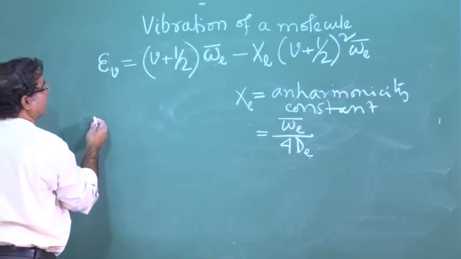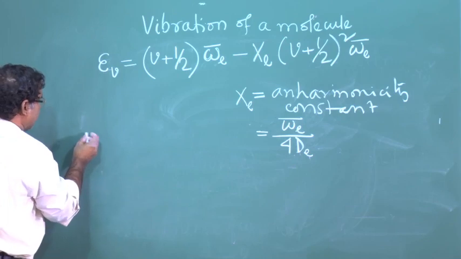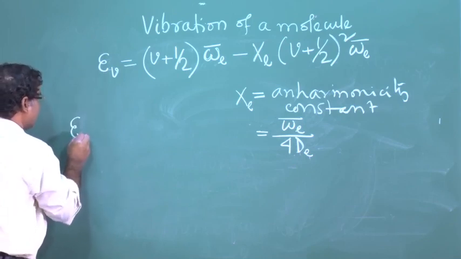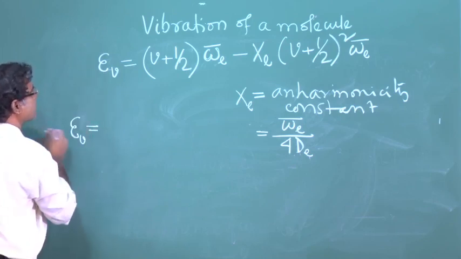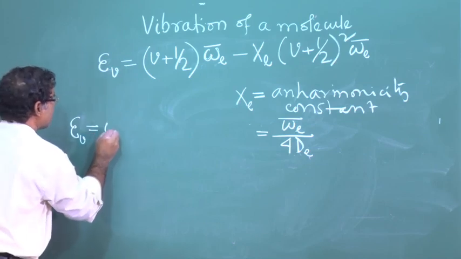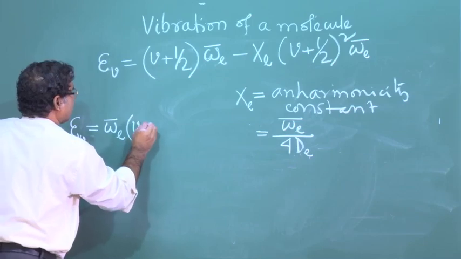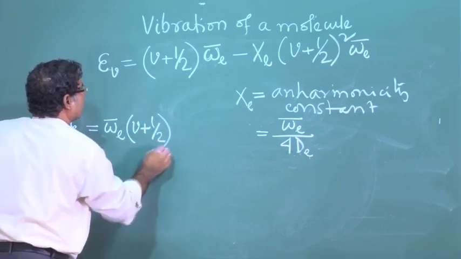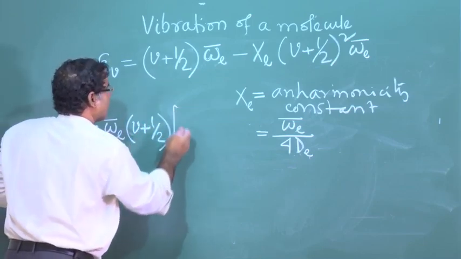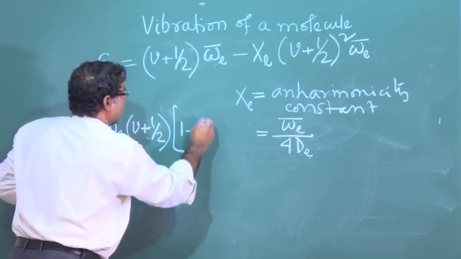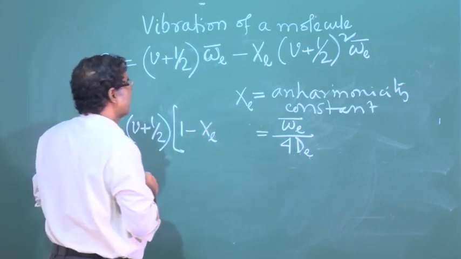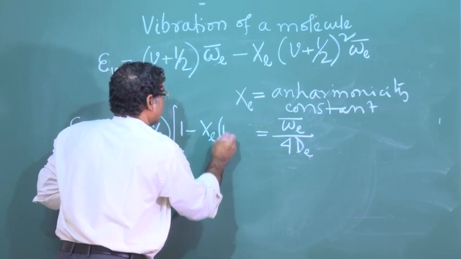So I can write the energy E_V for the anharmonic oscillator as omega e bar times V plus half, times 1 minus x_e times V plus half.